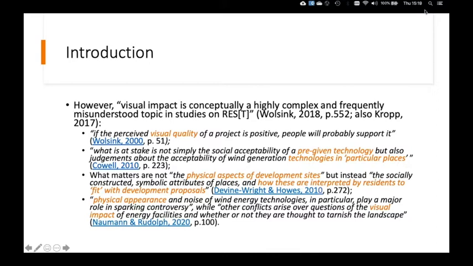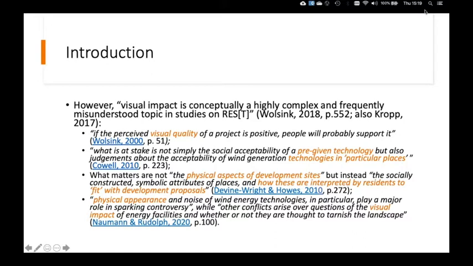And in fact, when we started thinking about this, we went back to a lot of the literature's references to this visual impact, and we did it a bit in chronological order. As you can see here, this has for sure been a key dimension present in a lot of key studies and papers on social acceptance.